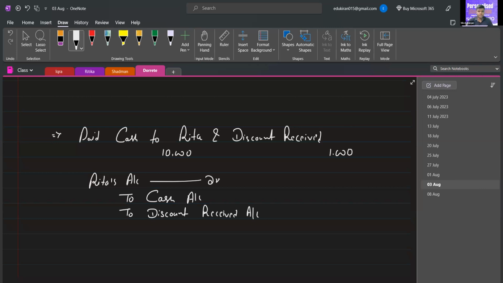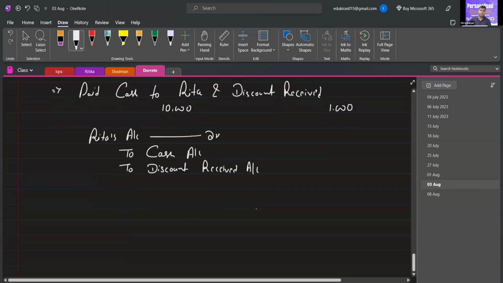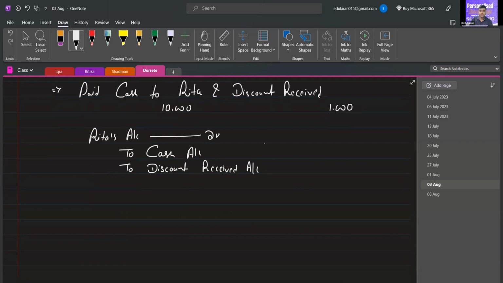We have to open two separate accounts. Now, this is a compound entry. You can see two accounts are written on the credit side. So this type of entry is called compound.